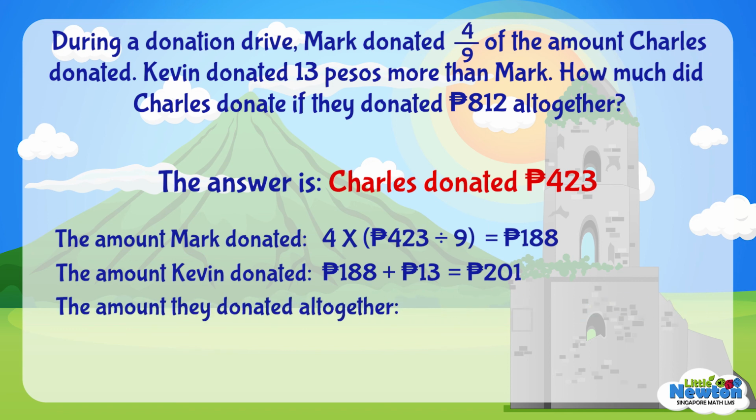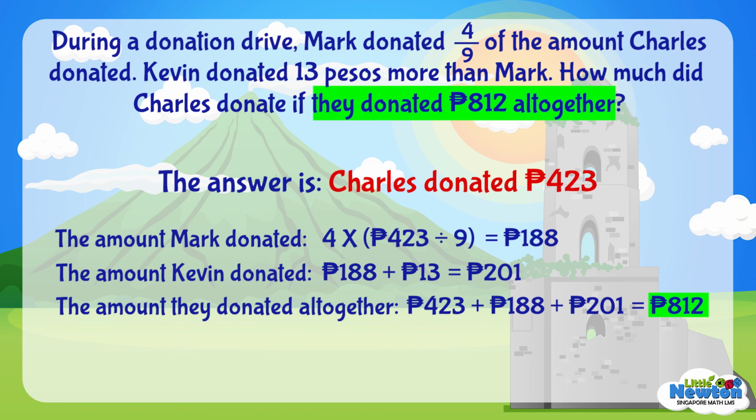Altogether, the amount donated by Charles, Mark, and Kevin is equal to 423 pesos plus 188 pesos plus 201 pesos equals 812 pesos, which is consistent with the value given in the question. Therefore, we know our answer is correct.